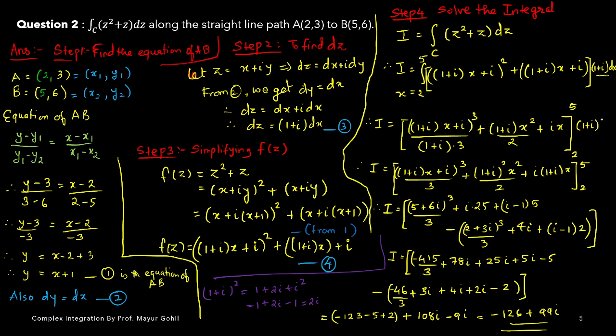Yeah, so you could have omitted this step. I wouldn't have bothered because when you have a calculator, you need not do all this. So step number one, two, three, four, and five. Okay, five steps to be deleted with the help of the calculator. It's a great thing. So all this is elementary, but you can avoid them, but this is your final answer. So minus of 126 plus 99I is the answer for this question.